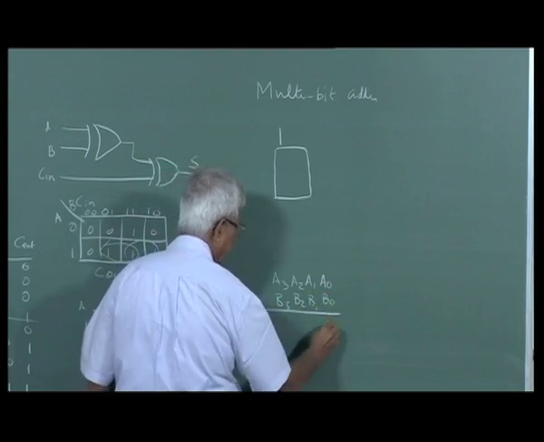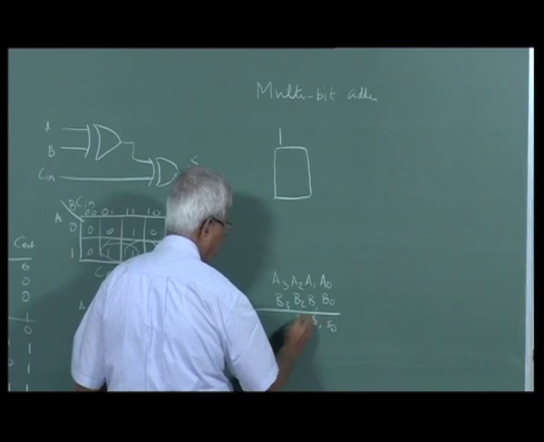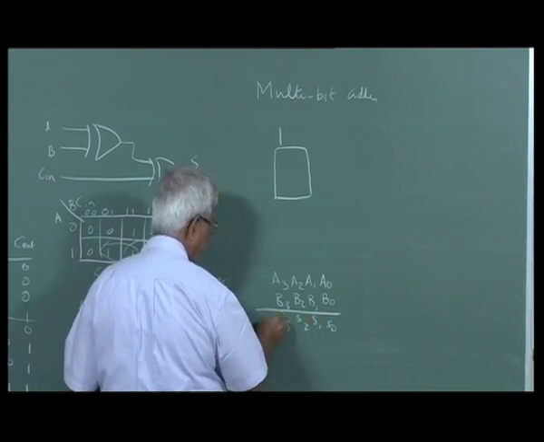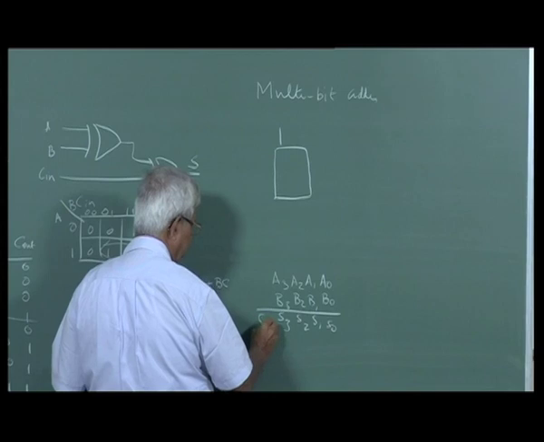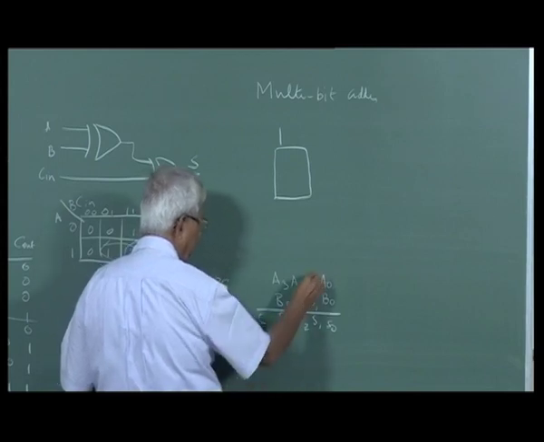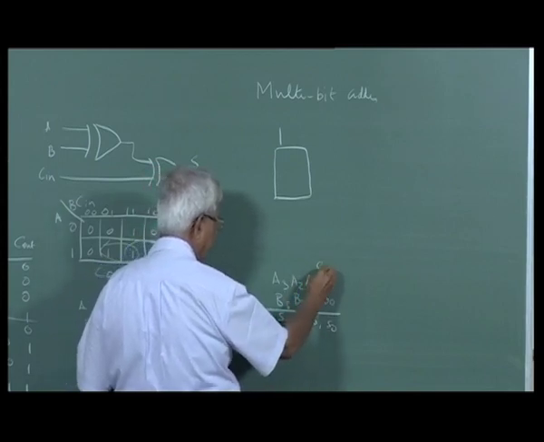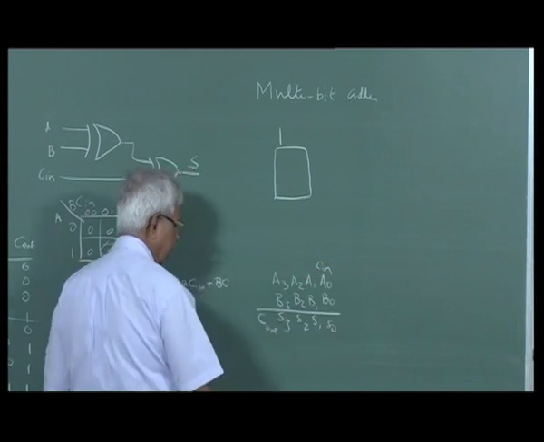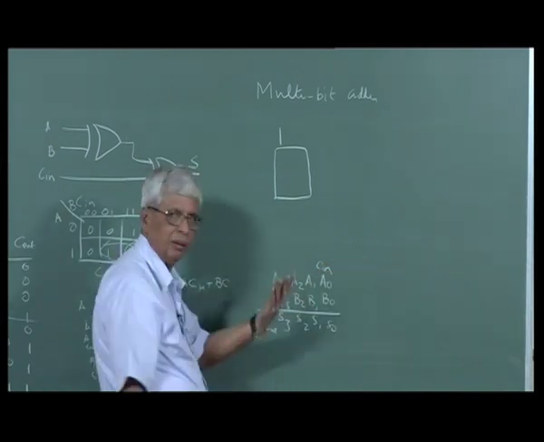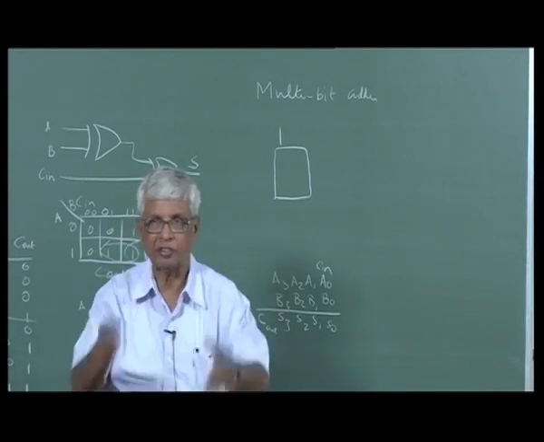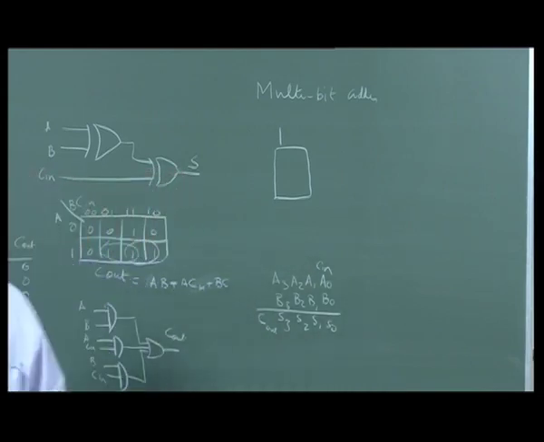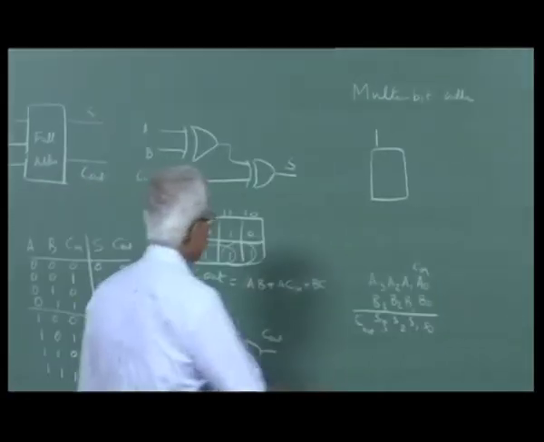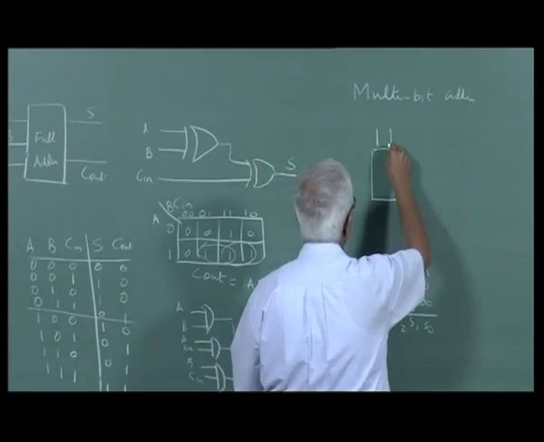Add them, you have S0, sum 0, sum 1, sum 2, sum 3, and there will be a carry overflow, so this will be carry out. And usually there is no carry in the first bit position. You can always use a carry in if you want, but it does not happen. Carry in is not there for the very first bit. So this is how it is going to be.